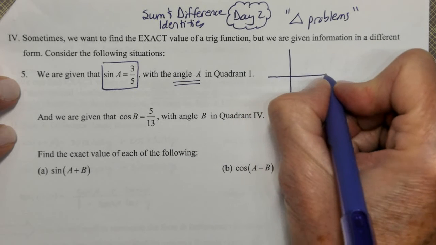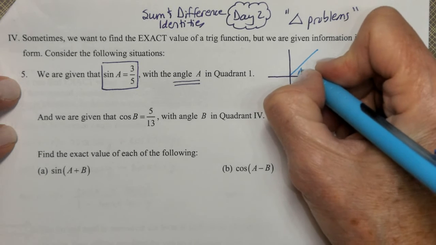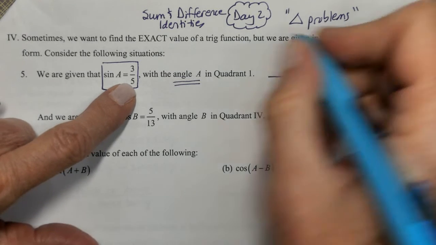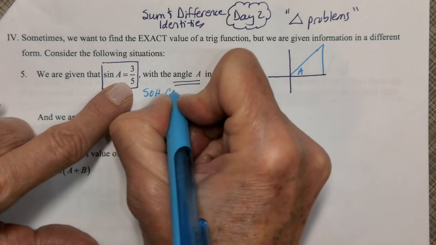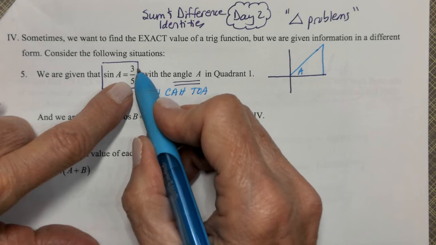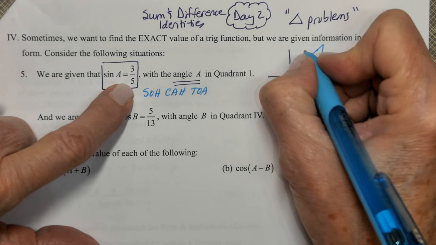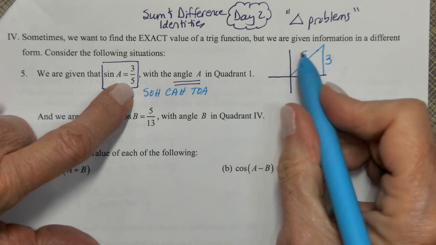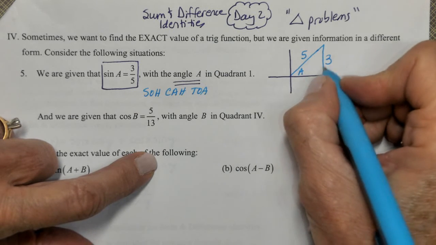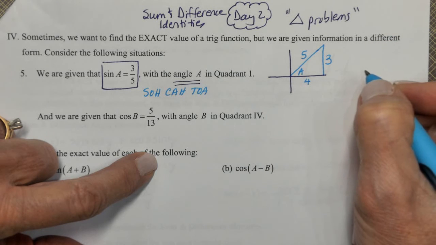Using SOHCAHTOA, sine is opposite over hypotenuse, so we can make that triangle. From our Pythagorean triples, this must be a 3, 4, 5 right triangle.